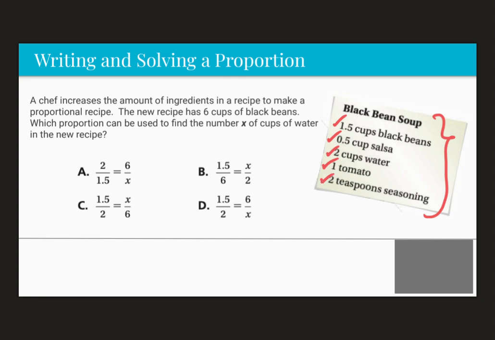And in the problem, the new recipe has 6 cups of black beans, okay? And it's asking which proportion can be used to find the number X of cups of water. So we now don't know how many cups of water are going to get used.